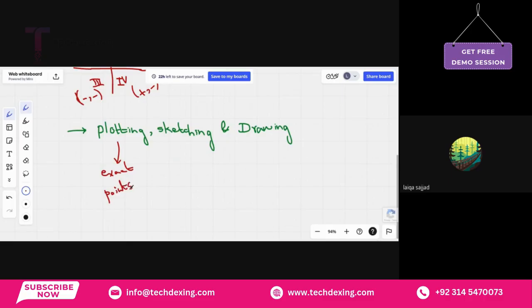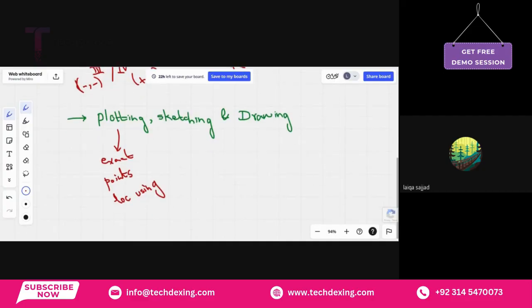Can you tell me the difference between sketching and drawing? Sketching is like rough lines, and drawing is like one singular line. Very good. Sketching is drawing roughly, and drawing is creating a precise and accurate diagram using the coordinates.